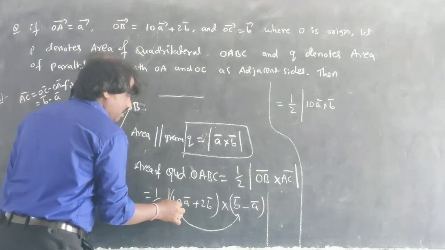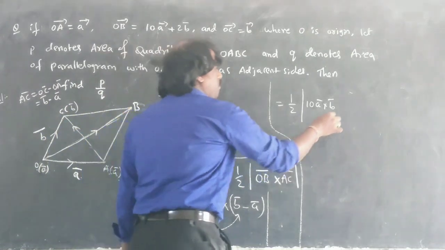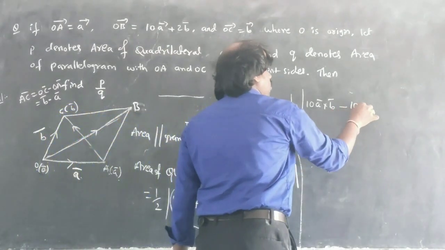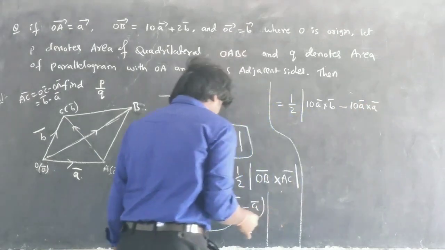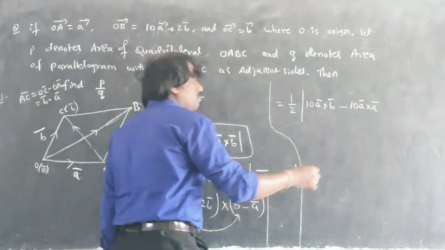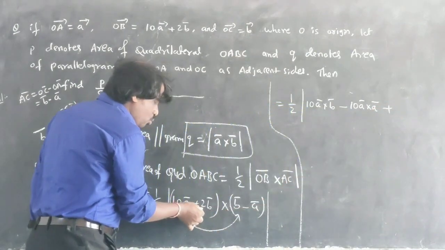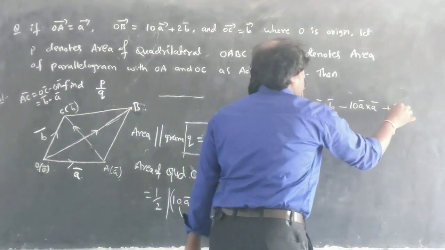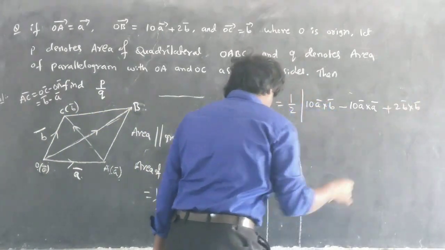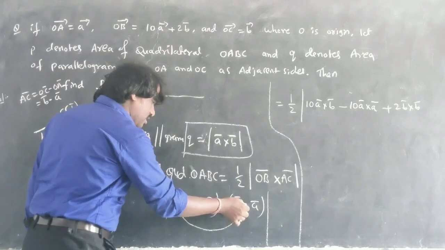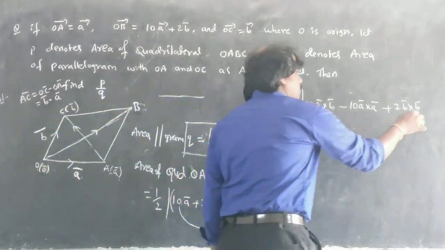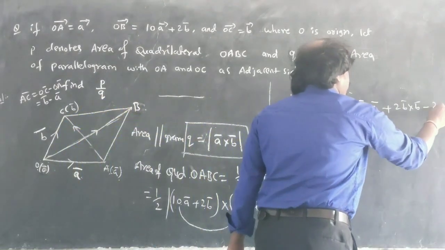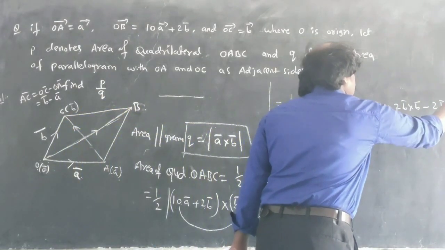Now here plus into minus, 10 times of A cross A. Then after you have a plus symbol, now here 2 into B, 2 times of B cross B I get. And here plus into minus, 2 times of B cross A I will get.